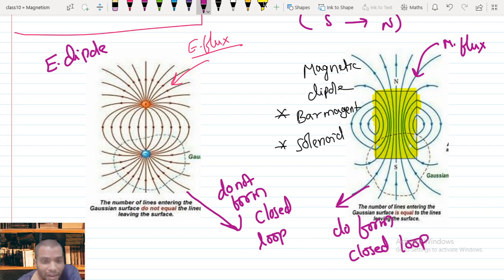So these field lines give the geometrical interpretation of the electric field lines between the electric dipole, and likewise for the bar magnet too.